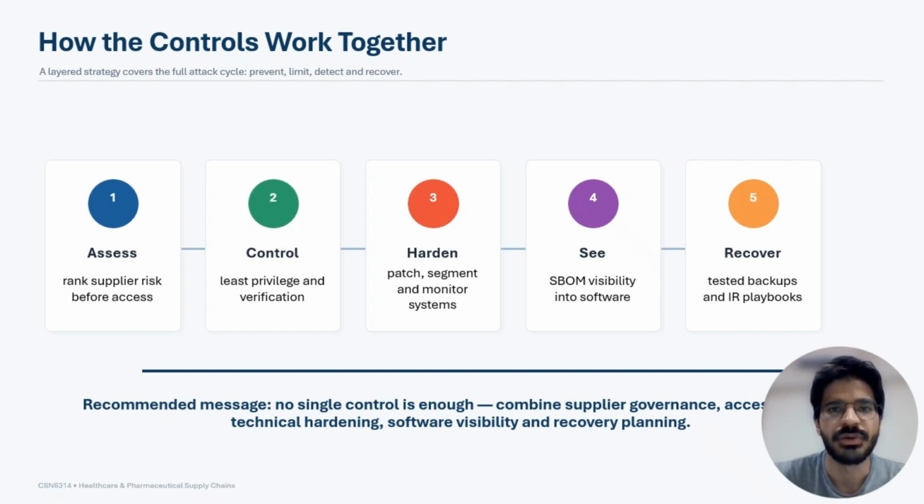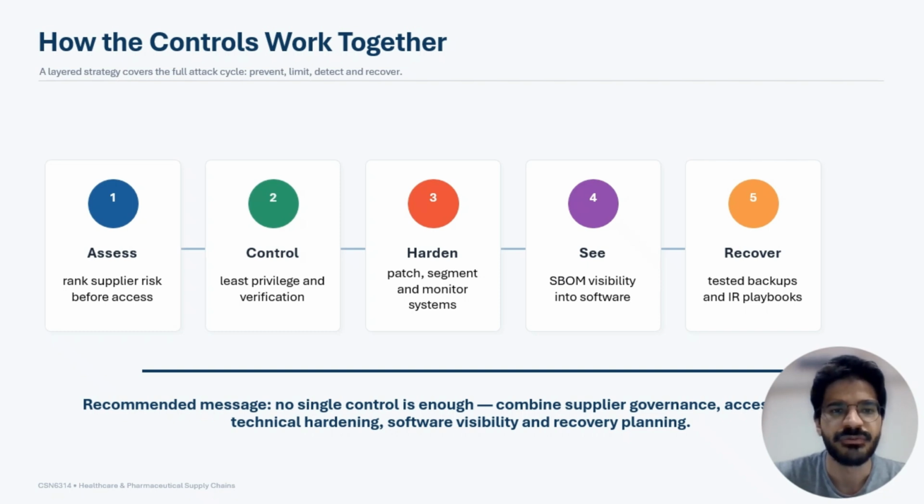Third, the organization needs to harden its systems through patching, segmentation, and monitoring. This is important because the pharmaceutical supply chain may use legacy systems, IoT devices, and manufacturing systems that cannot always be updated quickly.